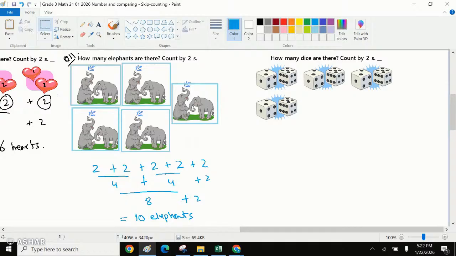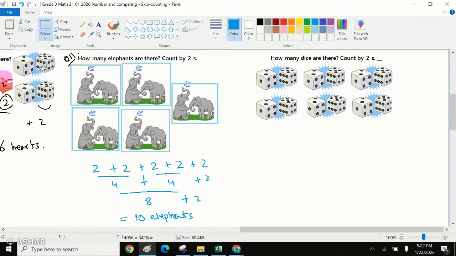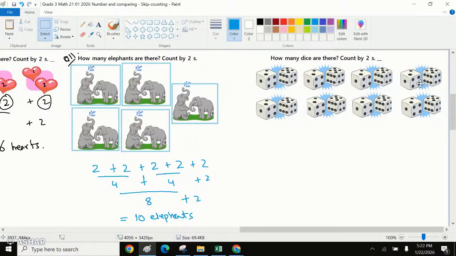Let me increase the number of dices. Okay, and if we say we have two more over here. Okay, so in question number 12, we have these many dices, right? So how many dices would be there in total?